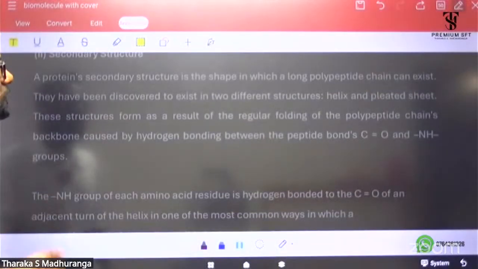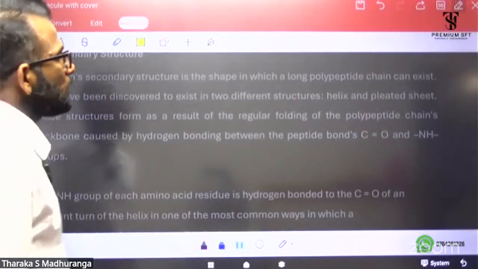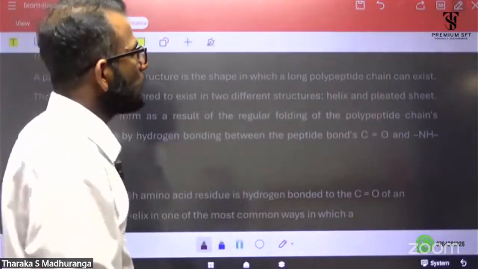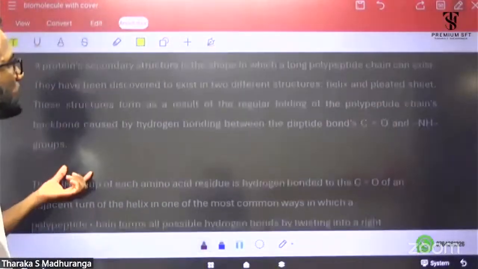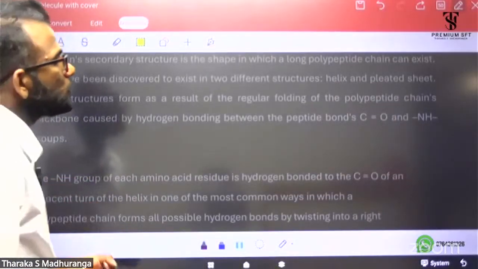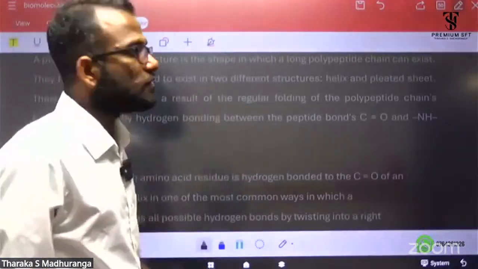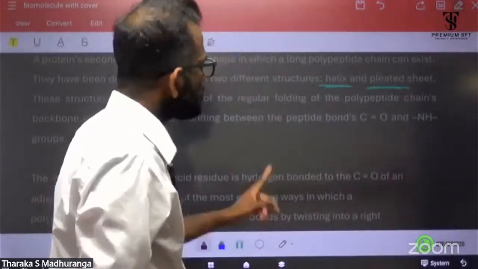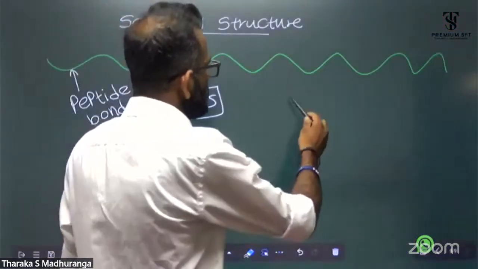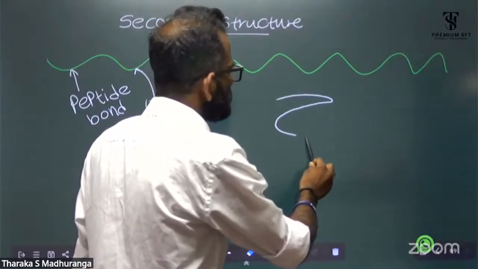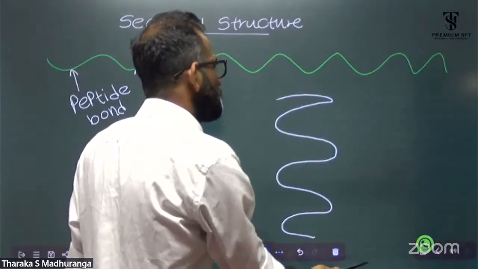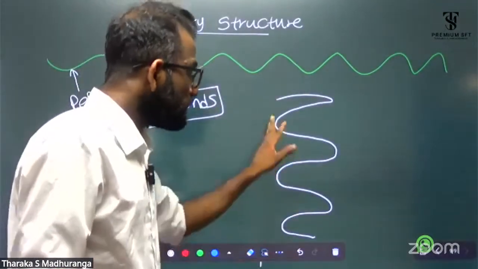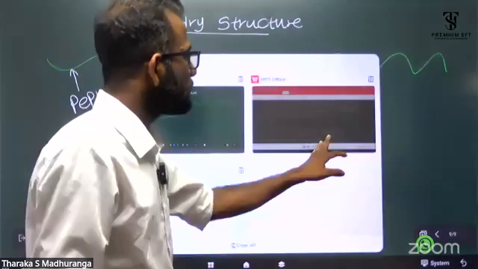Protein secondary structure is a shape in which a very long polypeptide chain can exist. They have been discovered to exist in two different structures, that is helix and pleated sheet. Pleated means like a plate. It's helix, but it's called pleated. Pleated or helix, whatever, the shape is that.